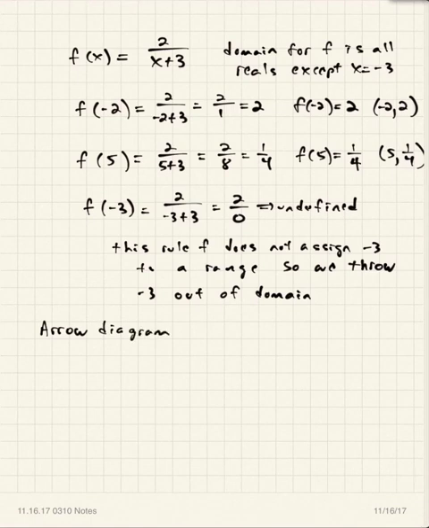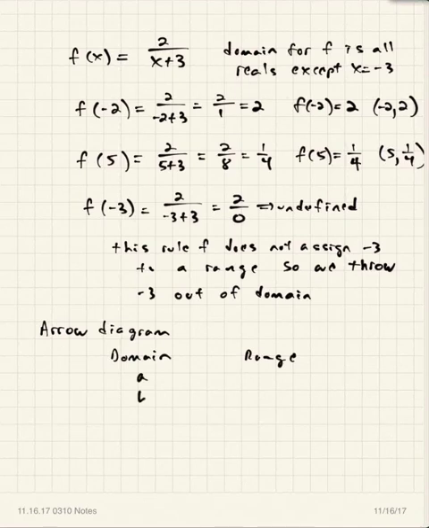So with an arrow diagram, you have the domain values listed, and you have the corresponding range values listed. It might be numbers, it could be letters, whatever.